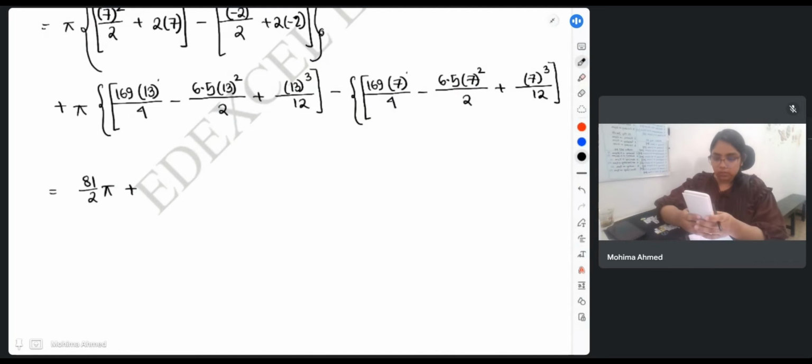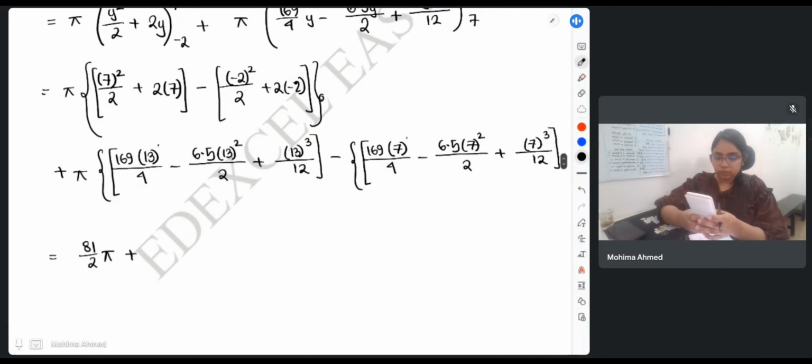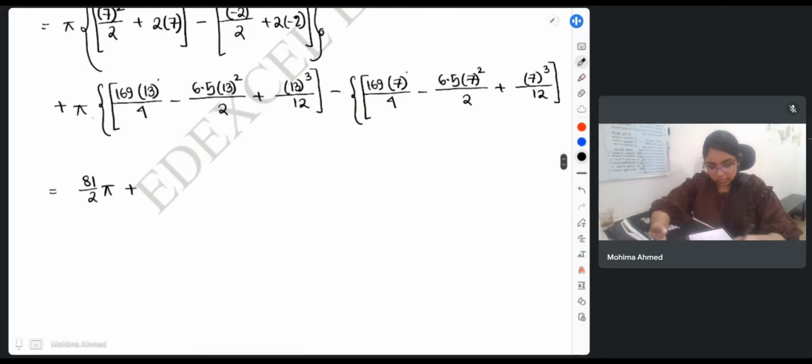This has to be subtracted with 169 multiplied with 7 divided by 2, so divide by 4, and then again minus 6.5 multiplied with 7 square divided by 2 this time, and then plus 7 cube divided by 12. This for the last section from this entire part, actually you get 18 pi.